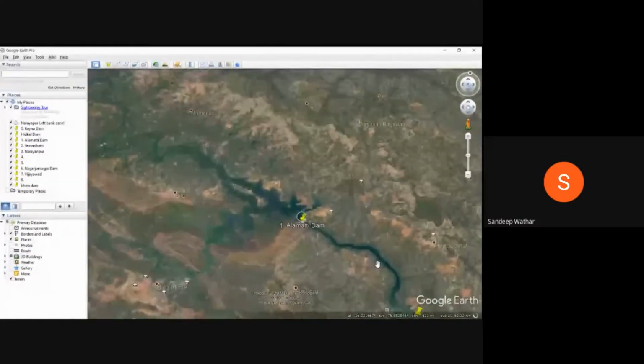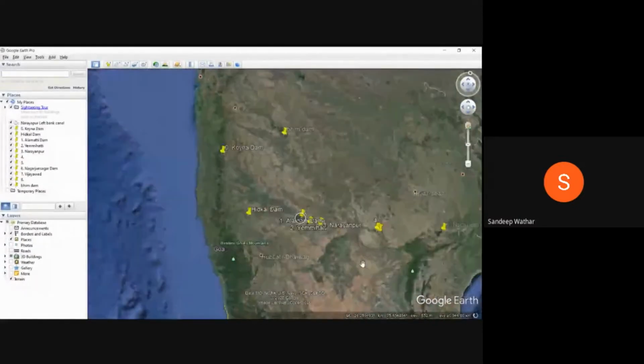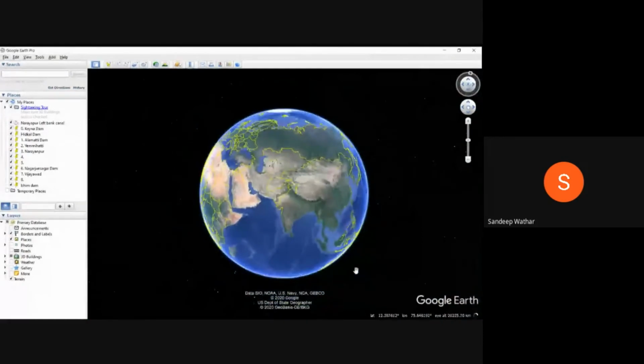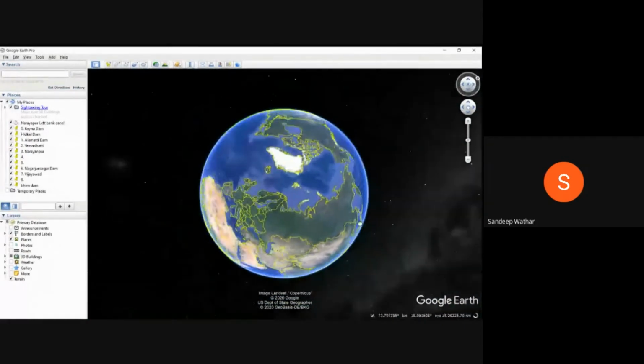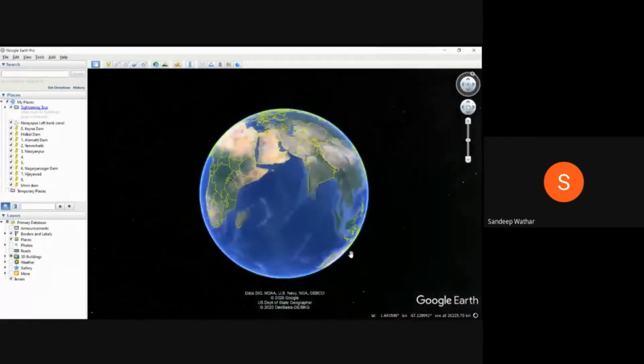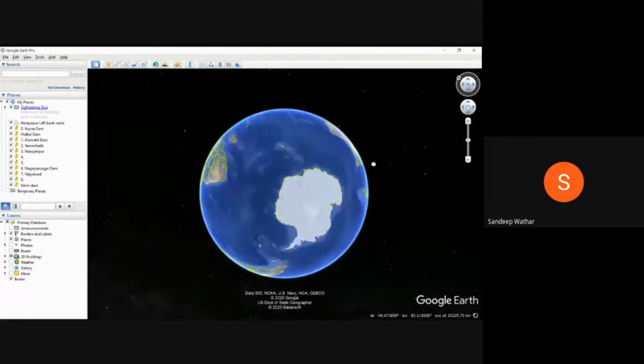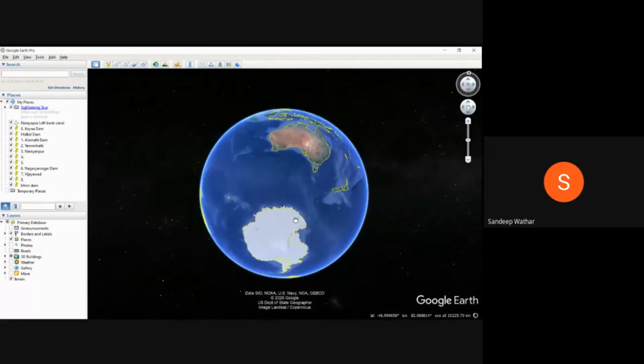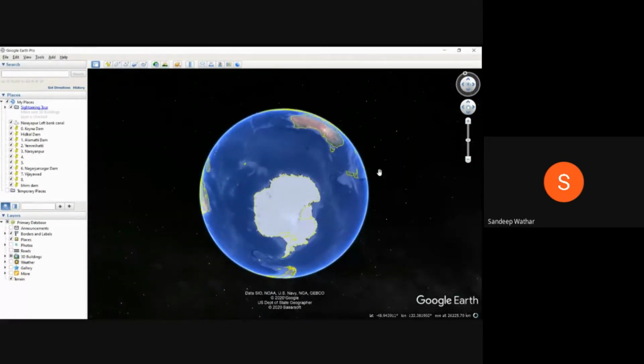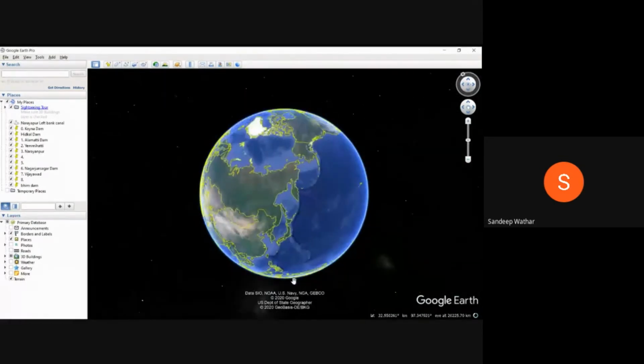So I hope you all remember this globe, right? This is the North Pole, and this is your South Pole. I hope you all remember. Most of the water is stored in these poles, North and South Pole.